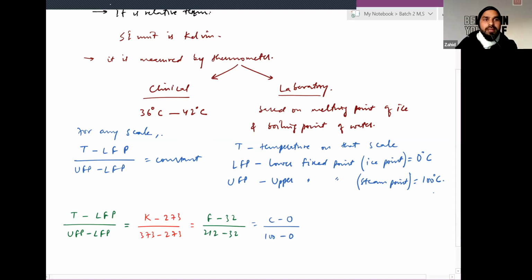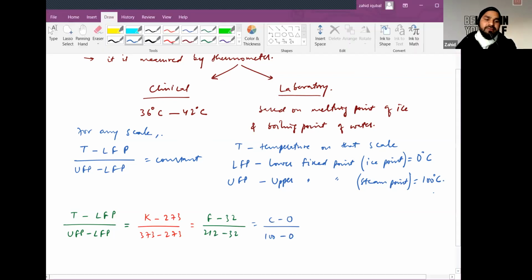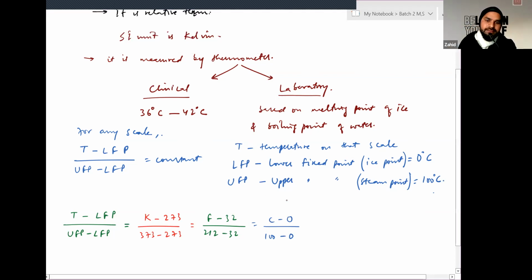In terms of resistance, if platinum wire or any wire has resistance related with temperature, we may find the resistance of those wire at some temperature C, resistance at 0 degrees Celsius, and resistance at 100 degrees Celsius.